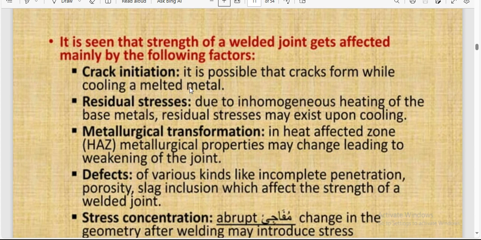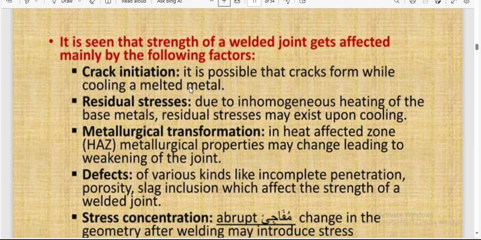Metallurgical transformation means the structure of the base metals is changed around the heat affected zone. When heat is applied to the base metal, the internal structure of the metal changes.